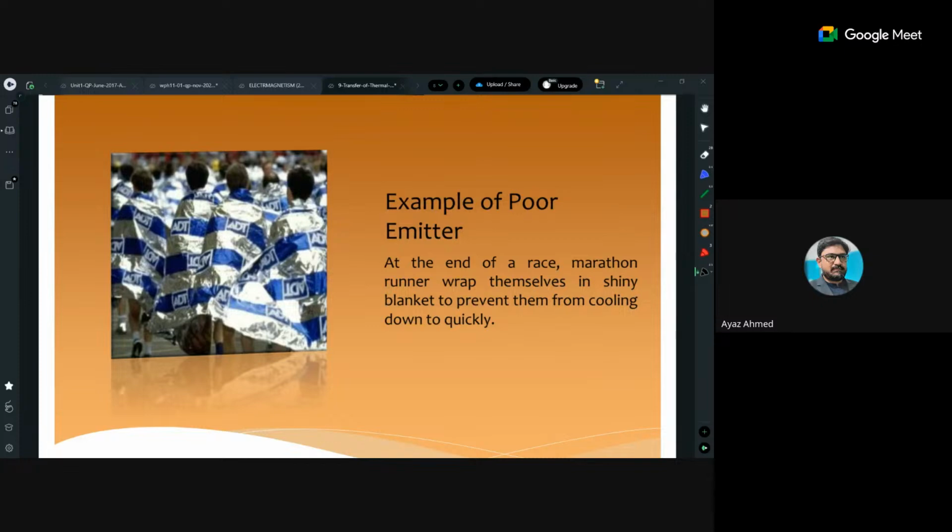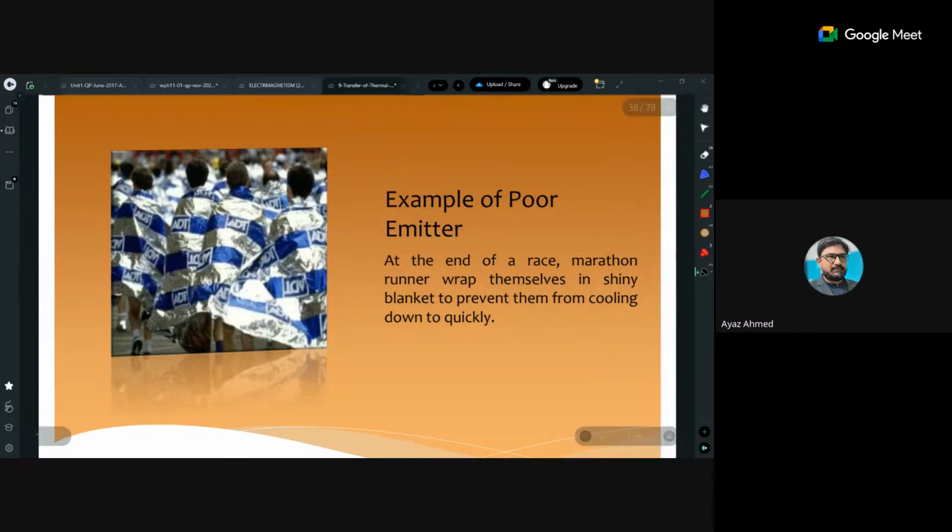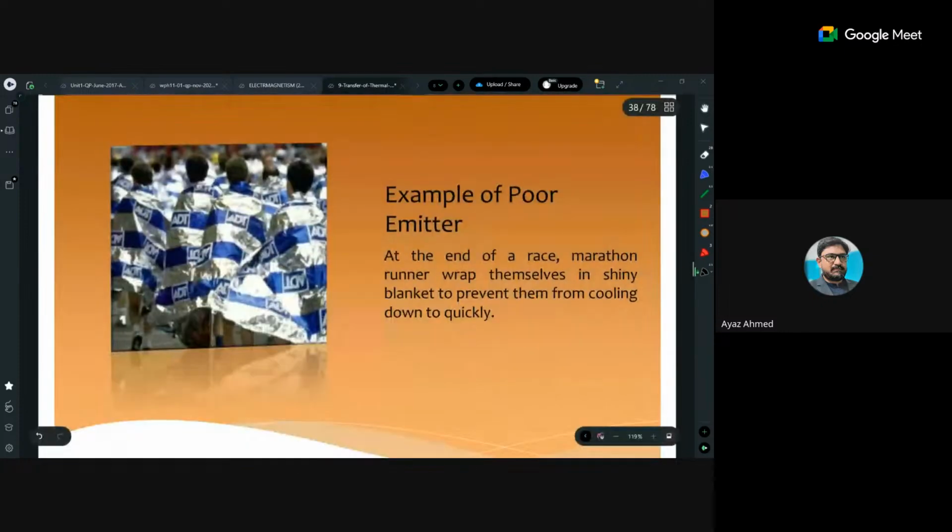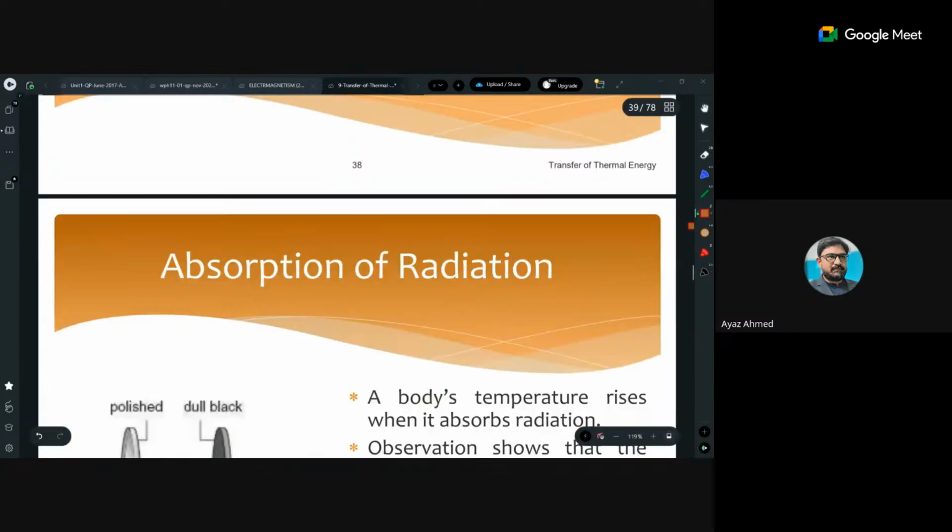So they are equally beneficial in both cases, in the sunshine or after the race. यानी मैराथन के बाद ये करते हैं, they use a blanket to prevent their body from cooling. यानी it prevents the radiation from the body, right? The heat energy lost from radiation, because in a marathon they have lost a lot of heat and energy. That's why we cover the athletes with this.